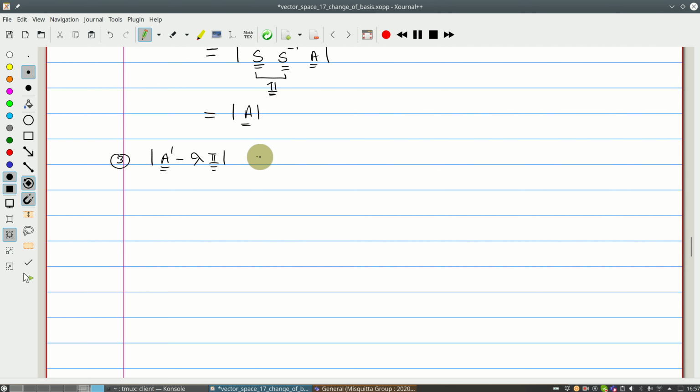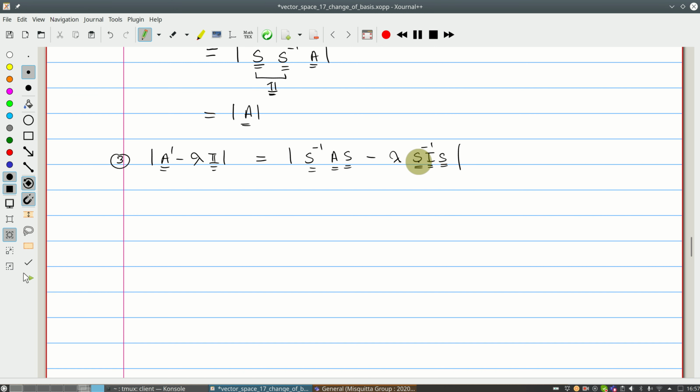So we start from here. We know what A prime is. It's equal to S inverse A S minus lambda times the identity. Now the identity itself can be written as S inverse S. So we put that there, and we can leave the identity in there.